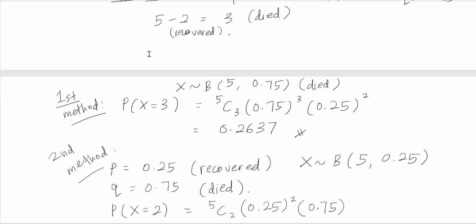When our P is 0.25, that means our Q is 1 minus 0.25, that means we have 0.75. Then N minus X: our N is 5, our X is 2. Then we solve this and we get 0.2637. So we have the same answer.